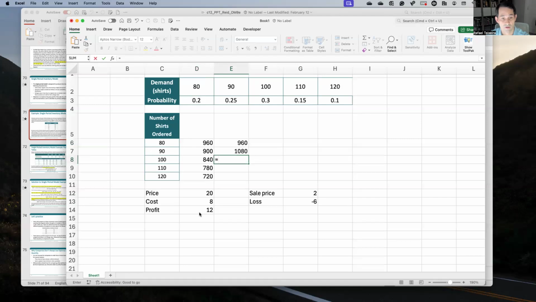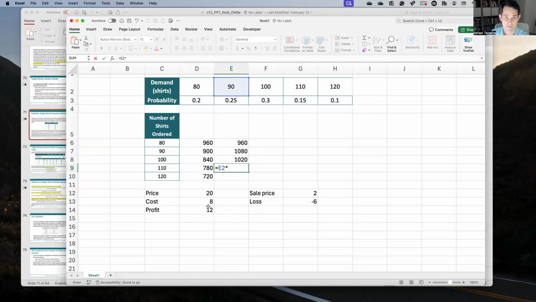Now he orders 100, the demand is 90, he multiplies by the profit, but he has to add the remaining 10, the difference between 100 and 90. Let me do it. 100 minus 90 times the loss. Okay, let's do one more time. So he orders 110, the demand is 90.